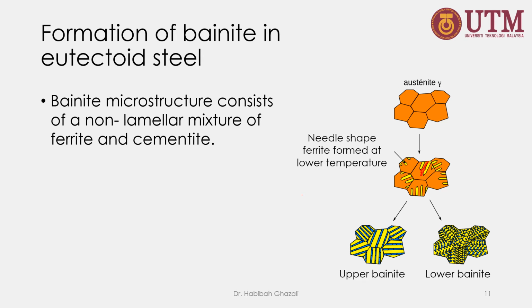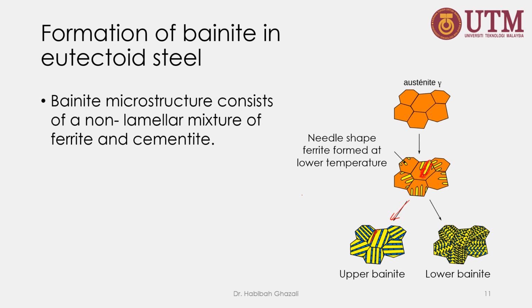So it will start to precipitate and it will form the intermetallic compound at the outside of the grain boundary of that ferrite. So your final microstructure is what we call upper bainite, where the cementite will form at the outside grain boundary of ferrite. So this is how the upper bainite starts to transform.